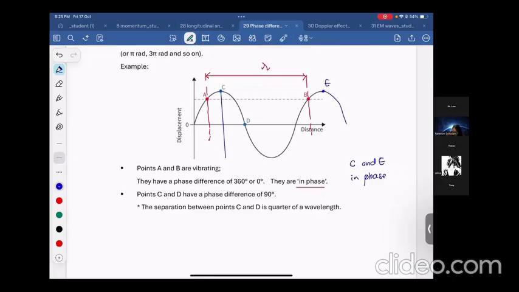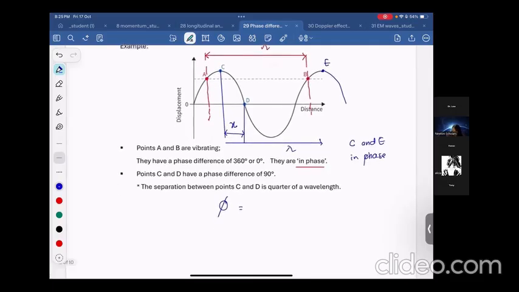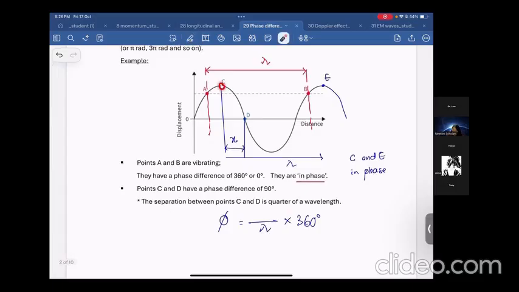What is the difference between them? What is their distance? This one, we put it as x. Then from C to E here is one complete wavelength. So from C to D, how far is the distance x? The phase difference of C and D is x over the wavelength times 360 degrees. Look here: 0, 90 degrees, 180 degrees, 270 degrees, 360 degrees.